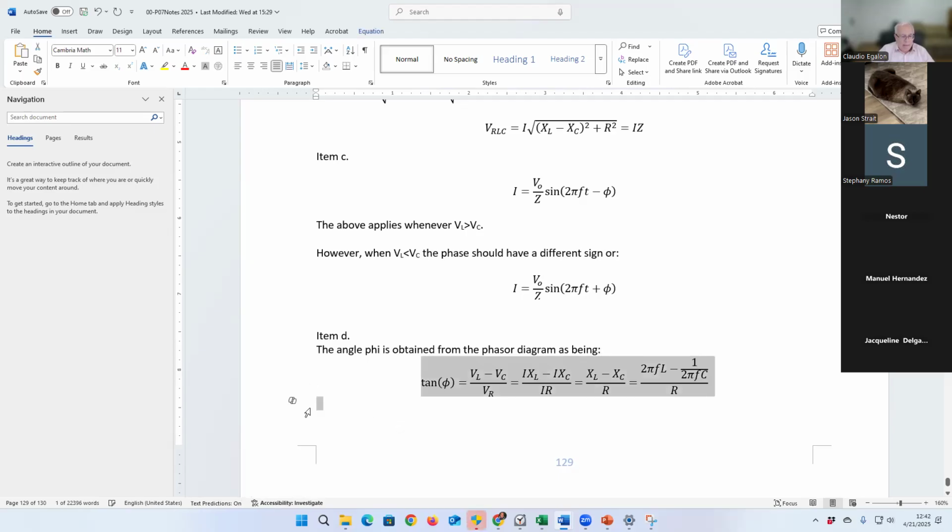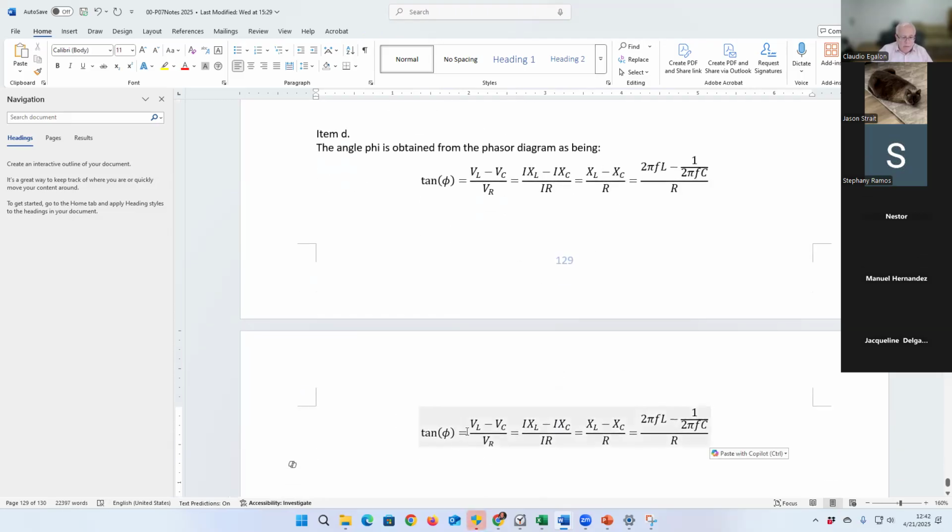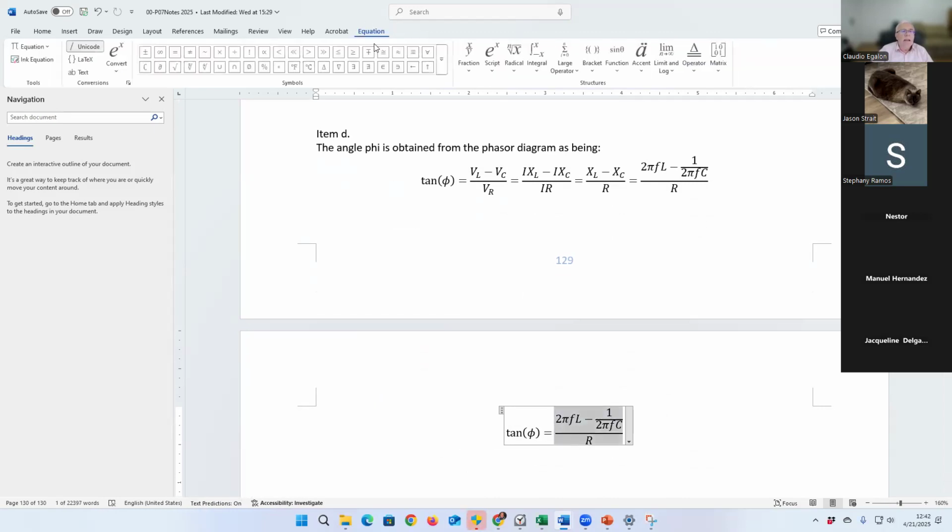And then we can even invert this thing here. I didn't invert it yet, but we can. Now I'm going to put that inside a parenthesis, arctangent, and the phi angle, like that.